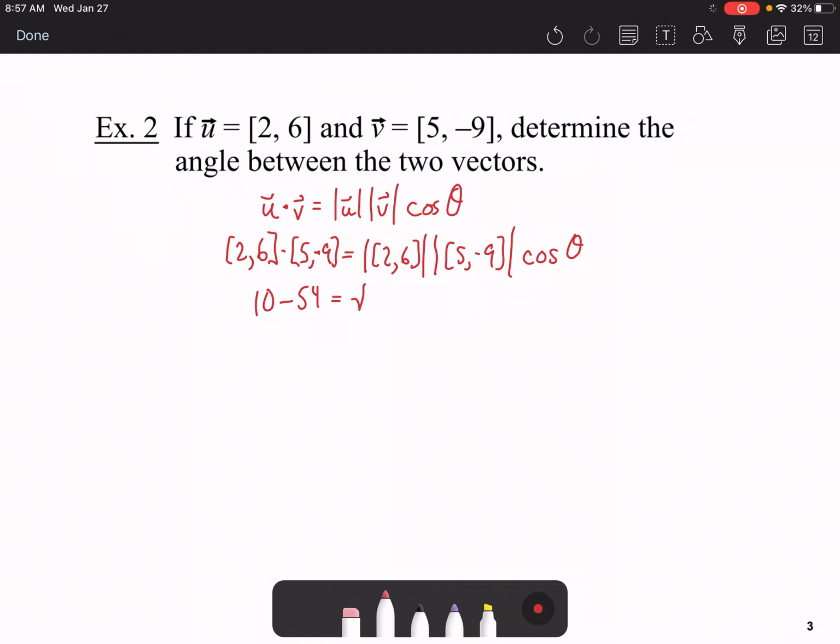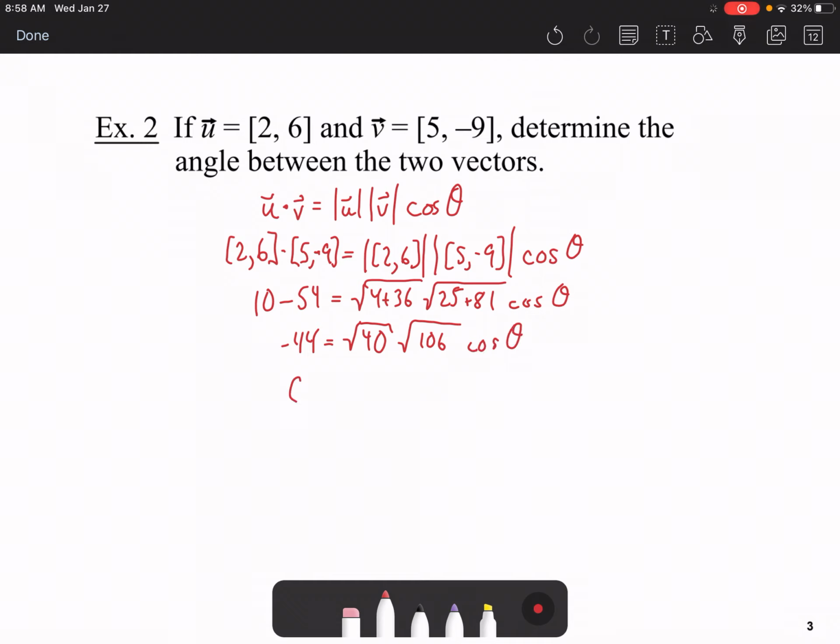It's going to be the square root of 4 plus 36. And this is going to be the square root of 25 plus 81. Work out cosine theta. Okay, so this is going to be negative 44 is equal to the square root of 40 times the square root of 106 times cosine theta.